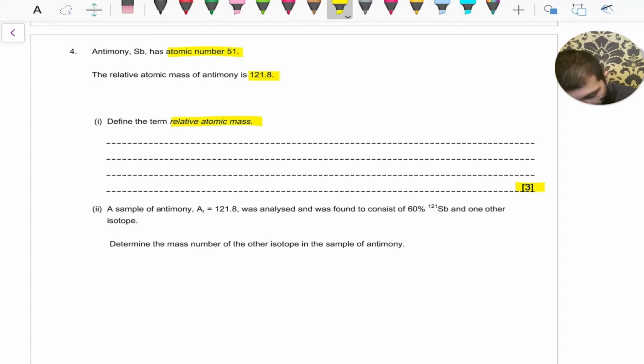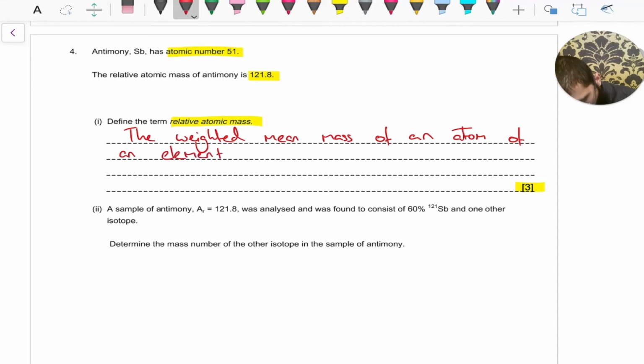Okay, so what is meant by the relative atomic mass? It's simply the weighted mean mass of an atom of an element compared to 1/12 the mass of an atom of carbon-12.